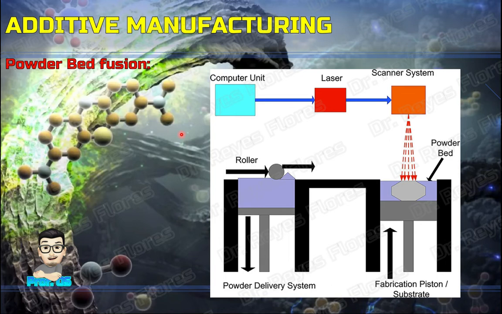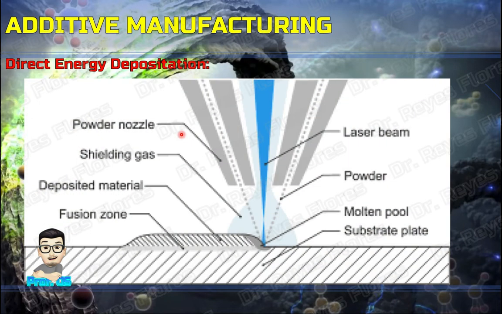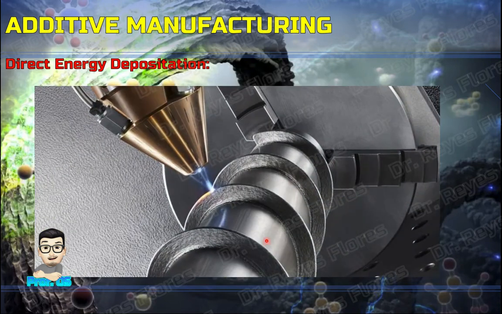These processes are used for metals as well as polymers. Finally, directed energy deposition. Directed energy deposition is an additive manufacturing process in which focused thermal energy, for example plasma or laser, is used to fuse materials by melting as they are being deposited. This process is currently only used for metals.